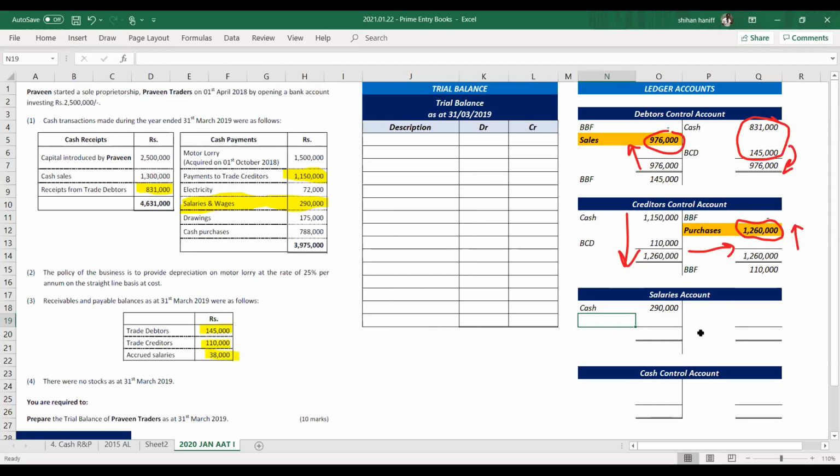Accrued salary 38,000. That means the closing balance is 38,000. That's the payable, balance carried down, liability 38,000.